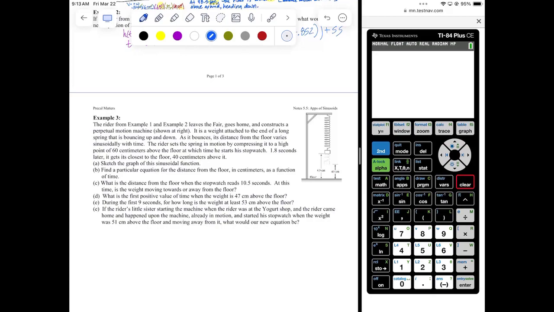We are going to begin this weight into motion by either stretching it and letting it go or compressing it and letting it go. It'll say which one. And then the idea is once it starts oscillating from the spring, it's going to go down to a low point of 40 centimeters above the ground when it's extended its full length. And then as it recoils and compresses, it's going to get to a high point of 60 centimeters above the ground.